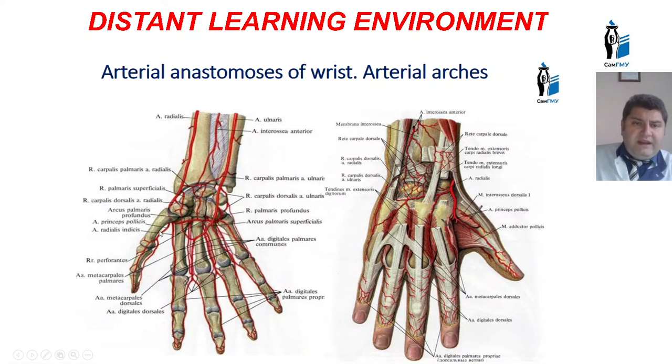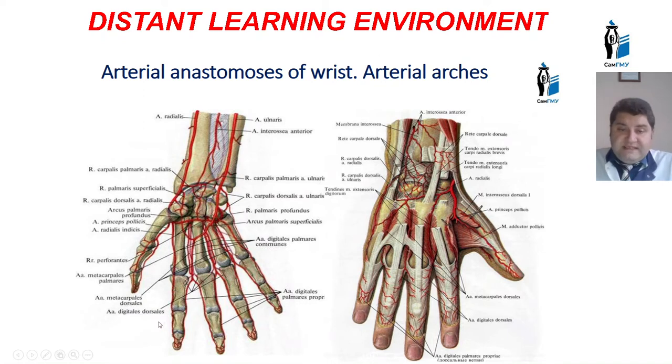And from the radial artery passes arteria princeps pollicis, the principal artery of the thumb. Pollex is thumb in Latin. And you may see that this artery gives three branches. Two of them pass to the palmar side of the thumb, and one of them passes to the lateral side of the index finger, the second finger.